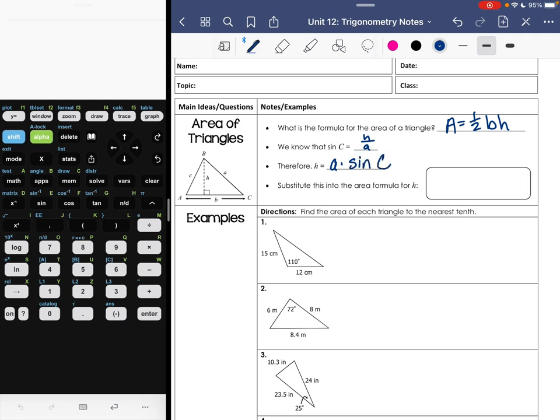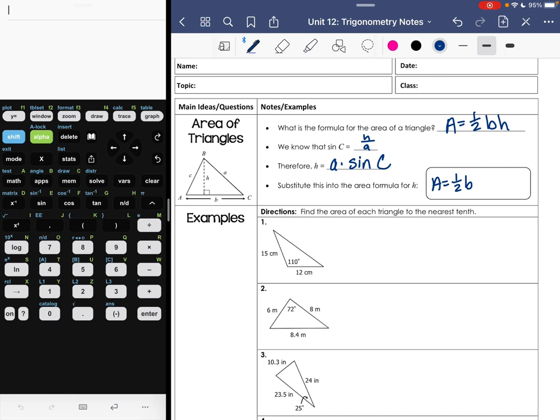If you rearranged this literal equation style, you would just multiply A over to sine C, and you would have h left. So that means that you can substitute that information into the area formula in place of h. So the area would be half the base, which you always can have a base. Anything can be the base, as long as the height is going straight up from that.